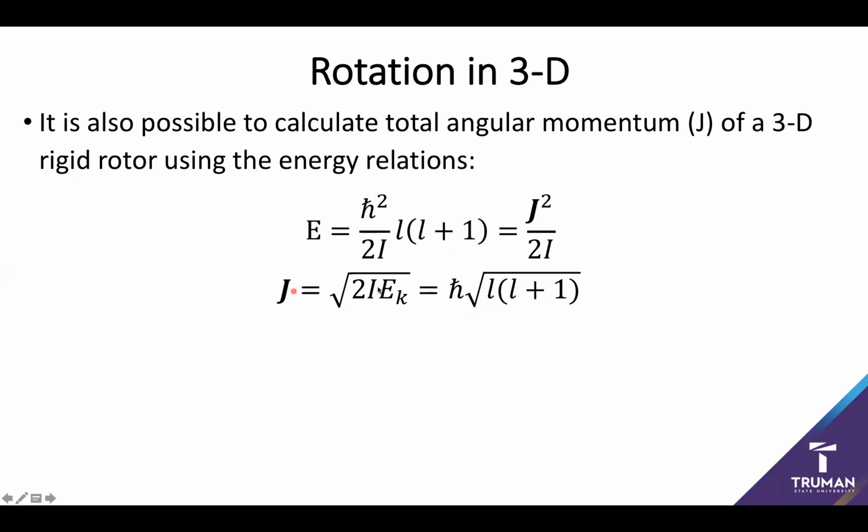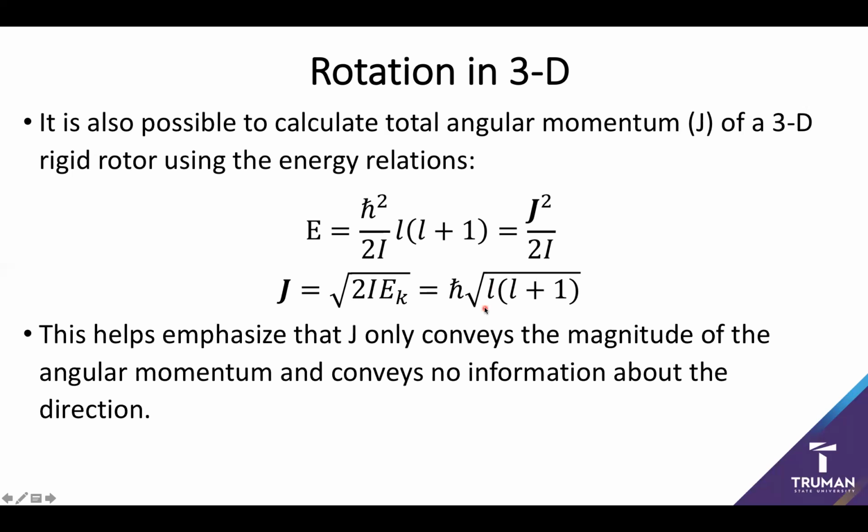Now, one of the reasons I want to do this is to actually convey some very important parts about motion. First of all, one of the things you'll notice is that total angular momentum will only ever be positive, because my L has to be positive and it's sent through a square root. So total angular momentum is only going to convey a magnitude of angular momentum.